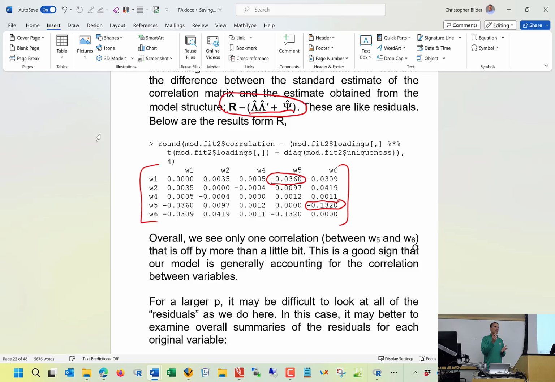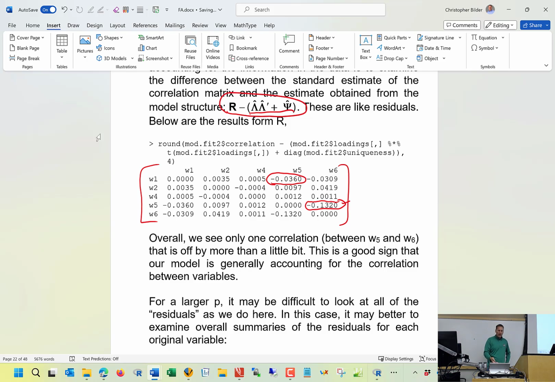Would that alarm you to see that much of a difference? Probably not. But if the difference was 0.13, between 0.5 and 0.63, well, okay, that's a little bit bigger. But if I told you the first time the correlation was 0.2, and the next time I said it was 0.8, now you'd be worried. So think of that in your head when you're trying to interpret these residuals.